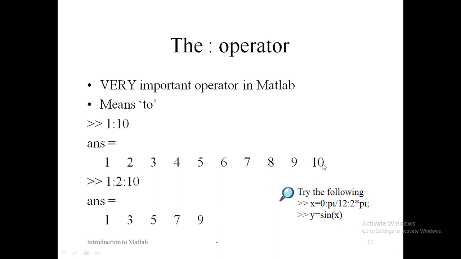If you want to change the range, you write 1 to 10 this way and you will get this kind of matrix shown by MATLAB. And if you want the gap between two numbers to be 2, you write it this way and you get a notation in which the gap between two consecutive numbers is 2. So this is how you write commands in MATLAB.